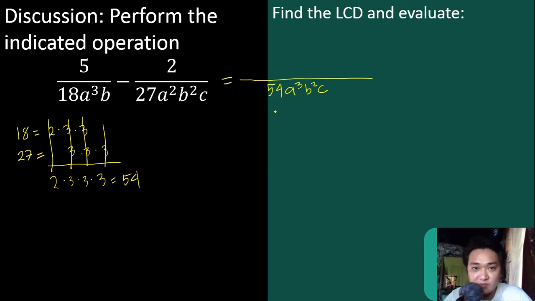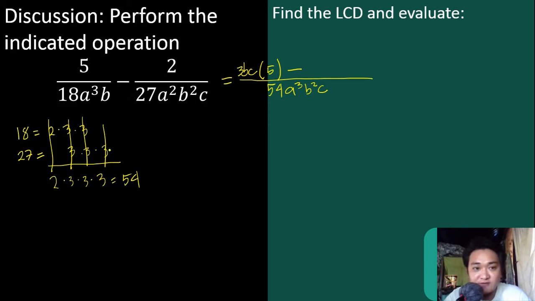So again, 54 divided by 18, that will be 3. A cubed divided by A cubed is 1. B squared divided by B is B. And then C times 5. Minus 54 divided by 27.